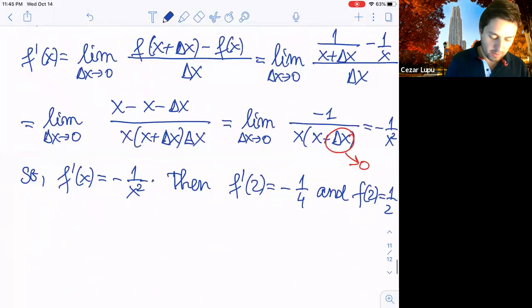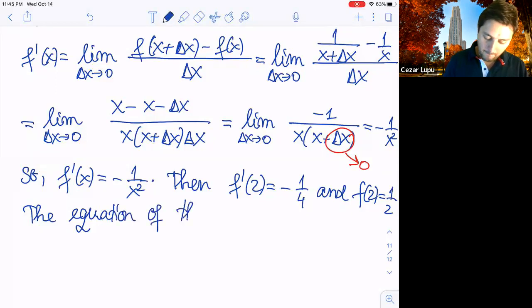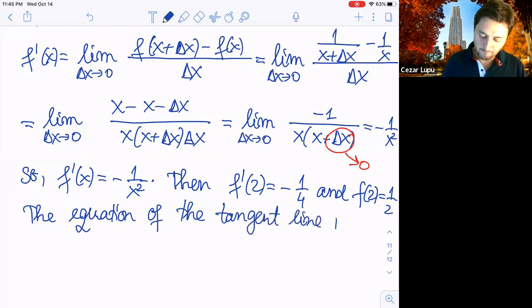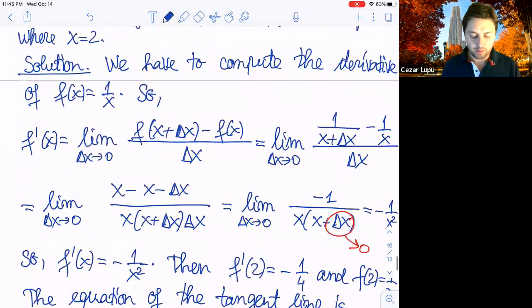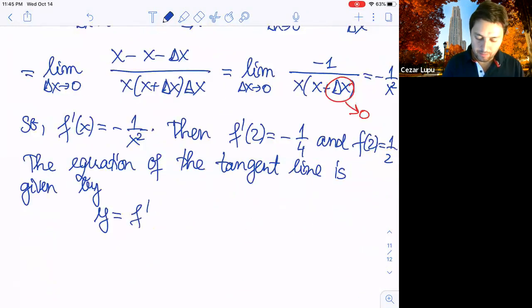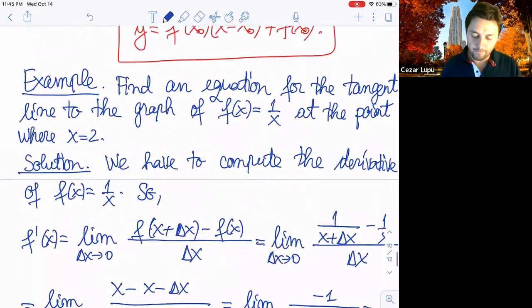So the equation of the tangent line is given by, well, y will be, and if we look at the formula, f prime at 2 times x minus 2, right, plus f of 2.